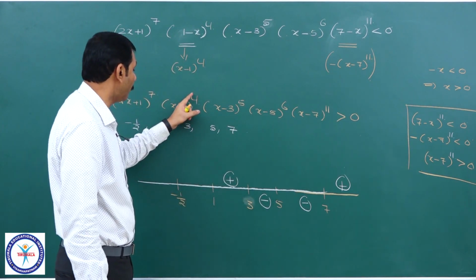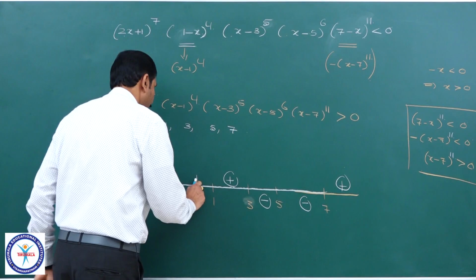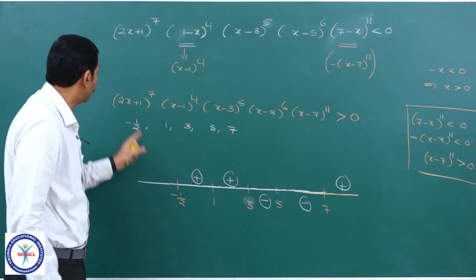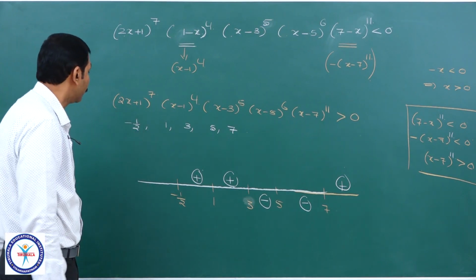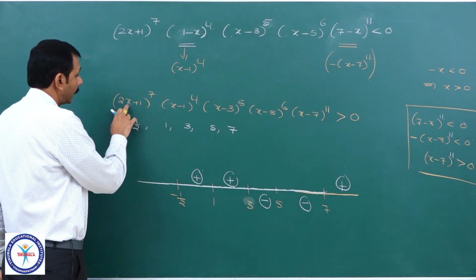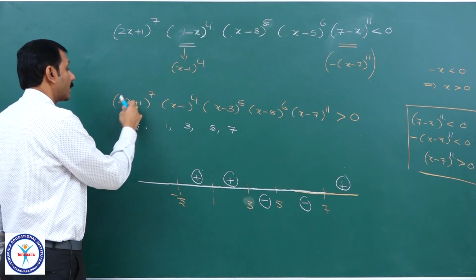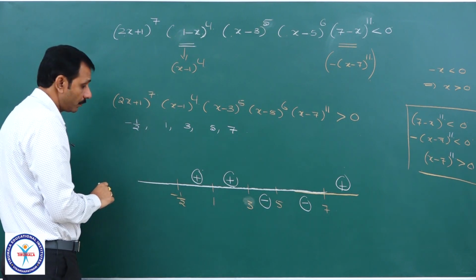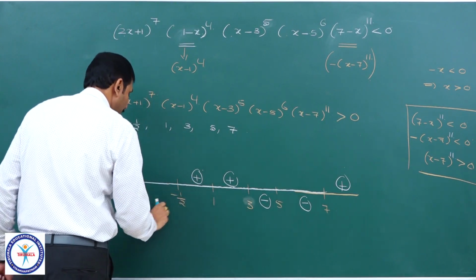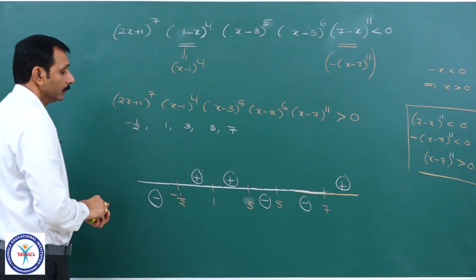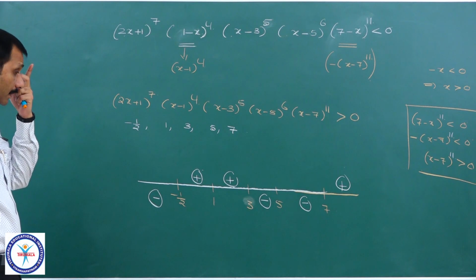X minus 1 whole power 4, even is there. The sign will not change. It is x plus 1 by 2 only if you take 2 outside, because the factor for this zero, 2x plus 1 equal to 0, means x equal to minus 1 by 2, we have written. Therefore, because the power is odd, plus will become minus. Hope you understood how to write these signs.